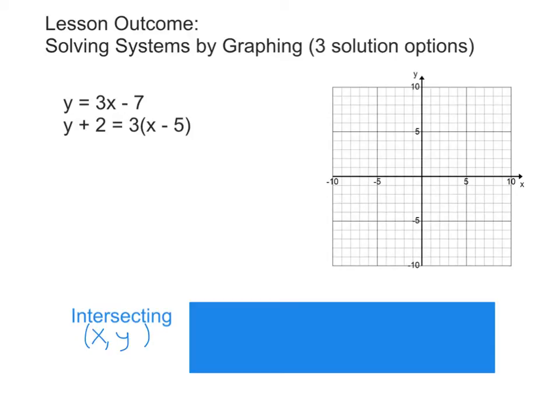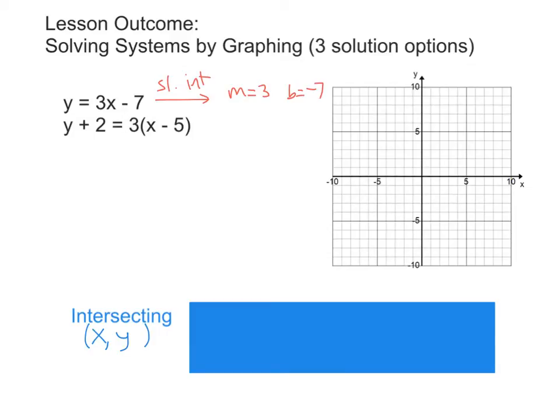So let's look at this next example. This first line right here, y equals 3x minus 7, is in slope-intercept form. And so we need to write down the slope, which is 3, and we need to write down the y-intercept, which is negative 7. So I'm going to plot that negative 7 on our y-axis.